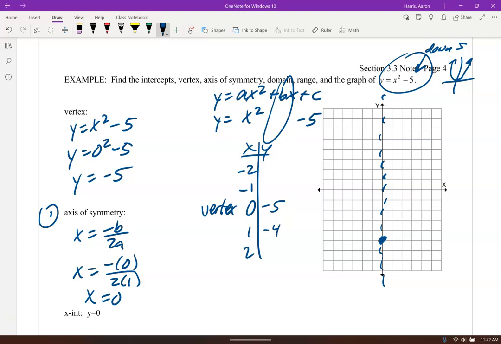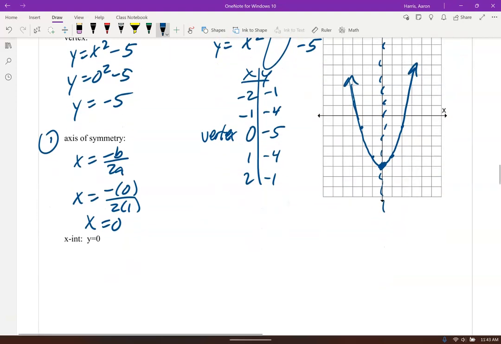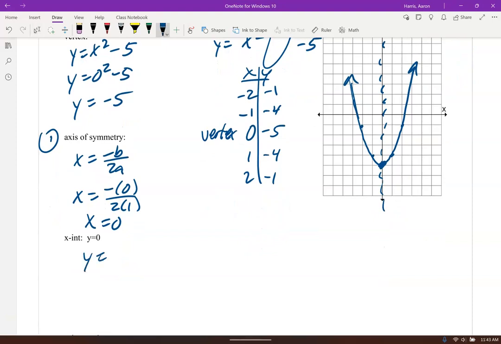If I throw in 2, 2 squared minus 5, and so on. You could kind of draw, and it does open up. Our a is +1.